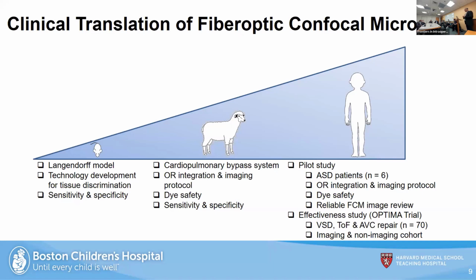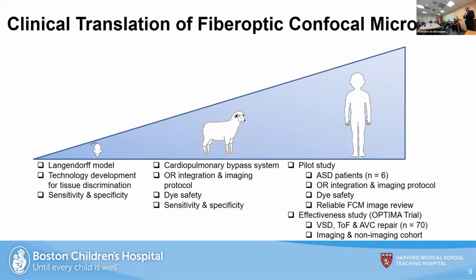And then finally, we have done some human studies in 2 phases, starting with a pilot study enrolling 6 ASD patients, where we just imaged the known regions of conduction tissue to see if we are able to reliably image the regions and identify the tissue.